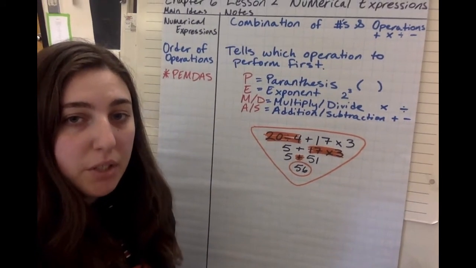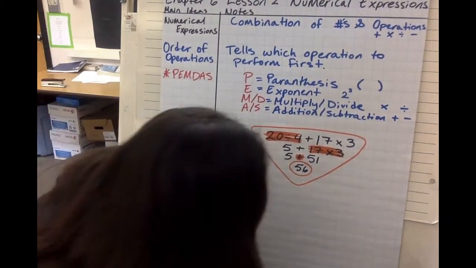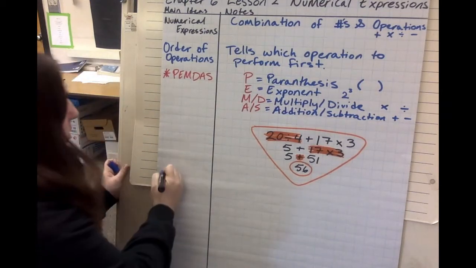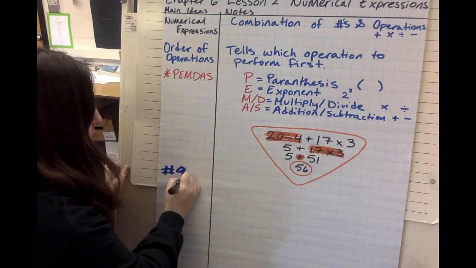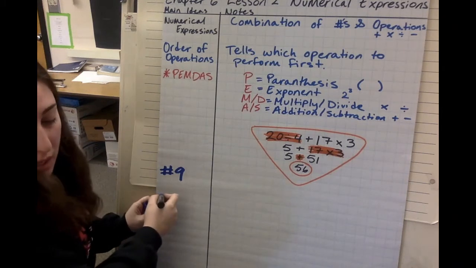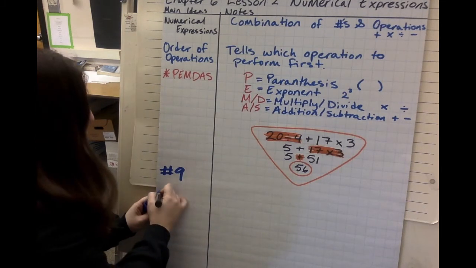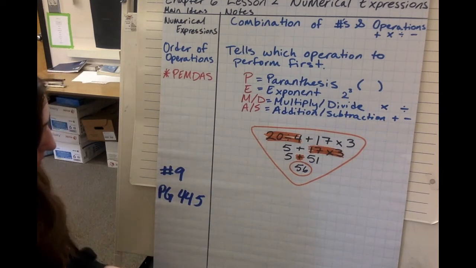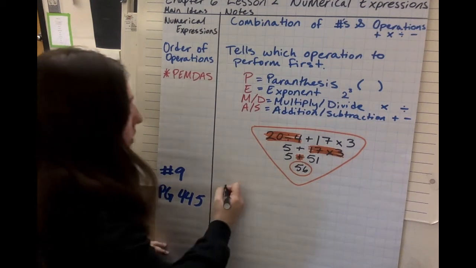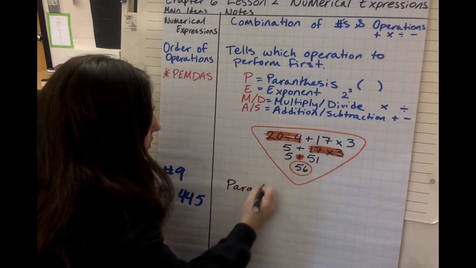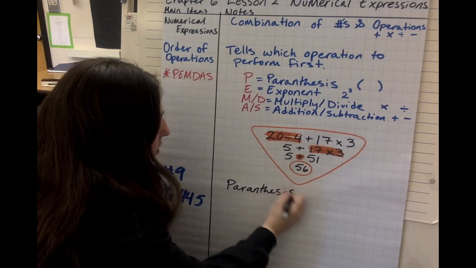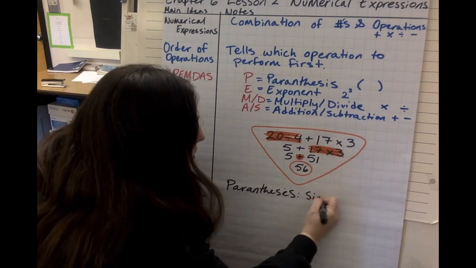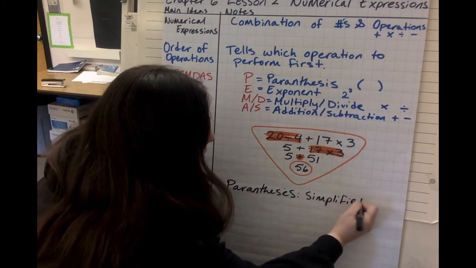One more example I want to show with parentheses. This is going to be from number 9 on page 445 in your textbook. And real quick, we're going to put a note here: parentheses simplified first.